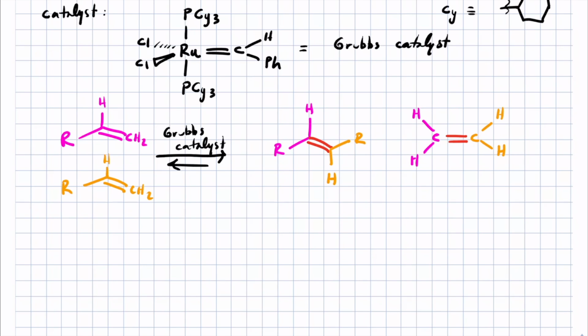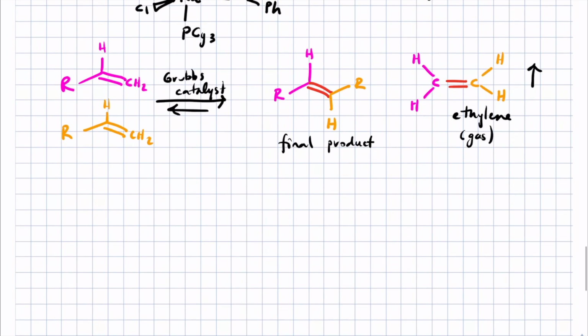But the thing that helps drive this process forward to the final product is the fact that the 2 terminal CH2 groups get hooked together and become ethylene, which is a gas, and this just bubbles off. And that drives the process towards this final metathesis product.